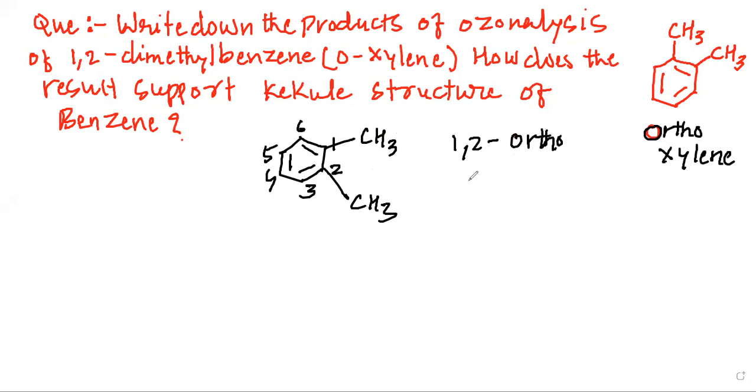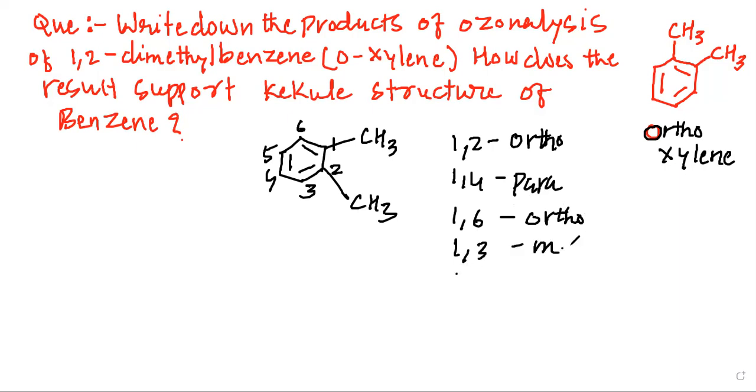So the 1,2 position is known as ortho, 1,4 position is known as para, and the 1,6 position is also known as ortho, my dear students, and the 1,3 position is known as meta, or the 1,5 position is also known as meta.